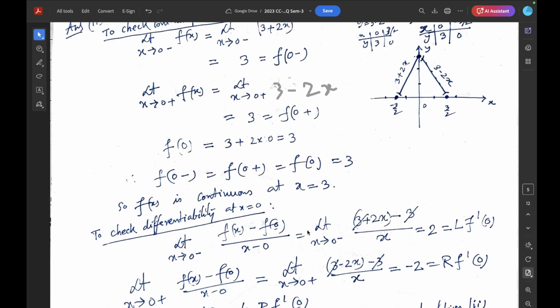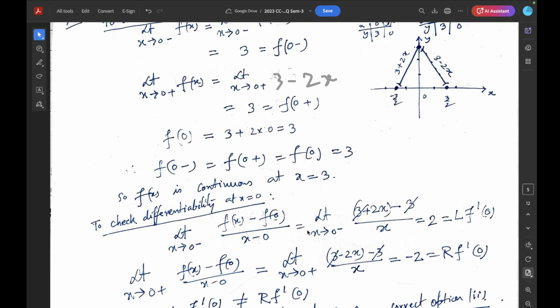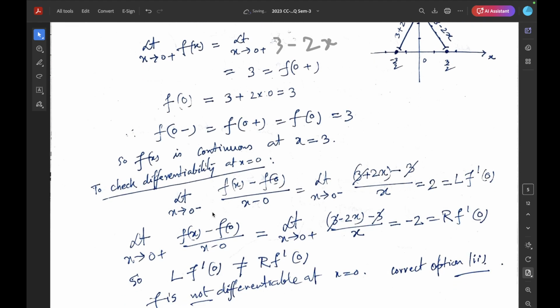For the differentiability, it does not exist, because the left hand derivative, limit x tends to 0 minus of f of x minus f of 0 by x minus 0, equals 2, and the right hand derivative at the point 0, limit x tends to 0 plus of f of x minus f of 0 by x minus 0, is equal to minus 2.